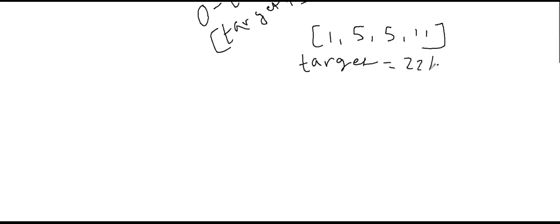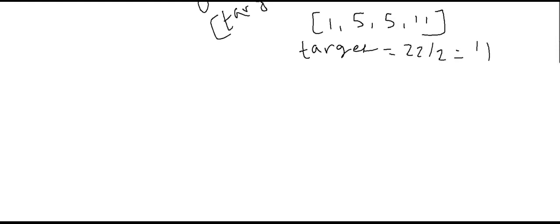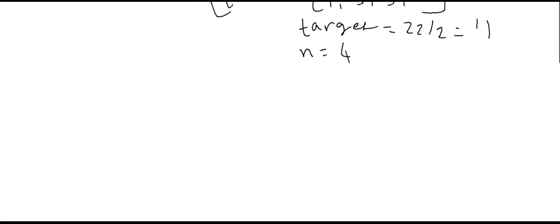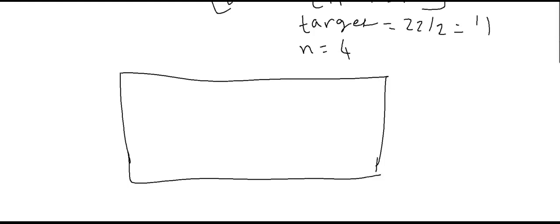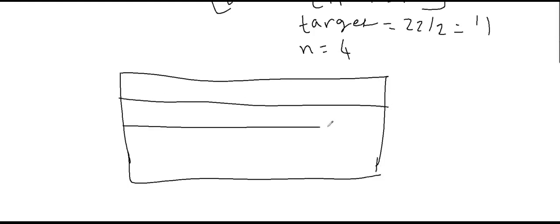And let's do this. So our example had 1, 5, 5, and 11, right? Our target in this case was the sum of all the elements, 22, divided by 2, which was 11. And our n is equal to the size of this array, which is 4. So we are going to take a table where n is 4, which is 0, 1, 2, and 3.